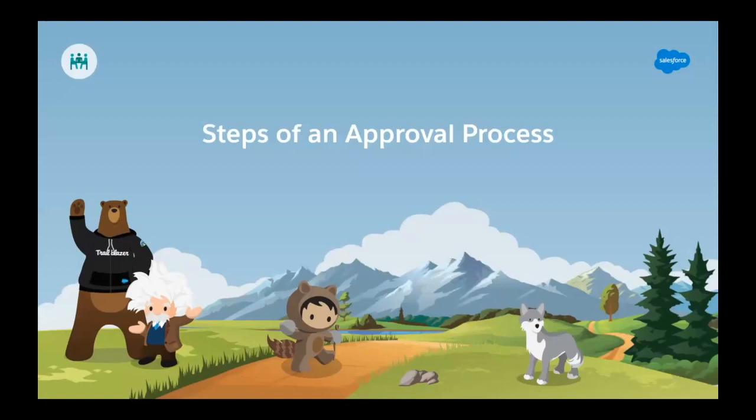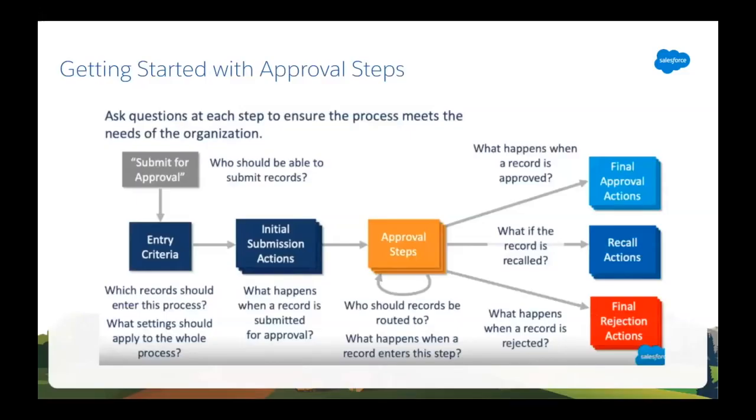These are the steps within an approval process. I found this great diagram on Trailhead, and I like the questions that they put on this diagram. This will help you as an admin to flesh out whether you need an approval process or not. So, starting from the top, submit for approval.